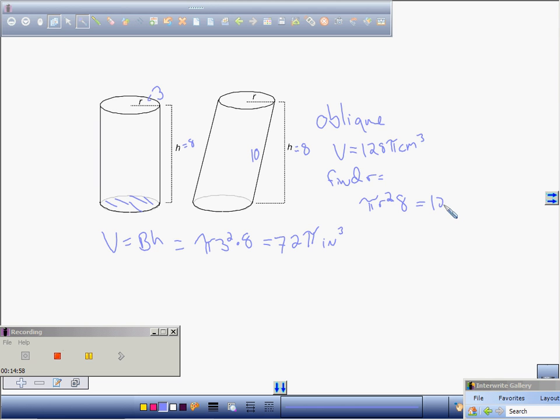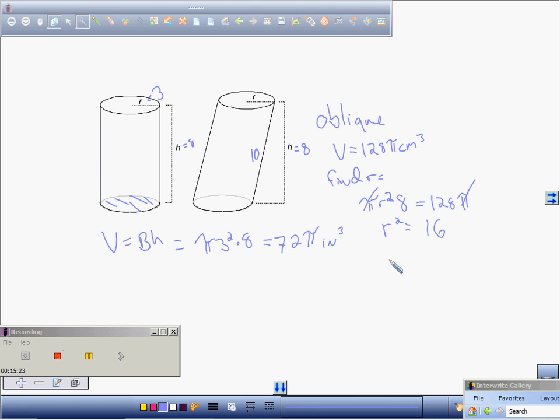Okay, 128 pi. And then what's nice here is the pi's, you could divide away a pi from each side, and then I get r squared equals 128 divided by 8. What is 128 divided by 8? 4, 2, 1, 8 goes into there, 48, 16.